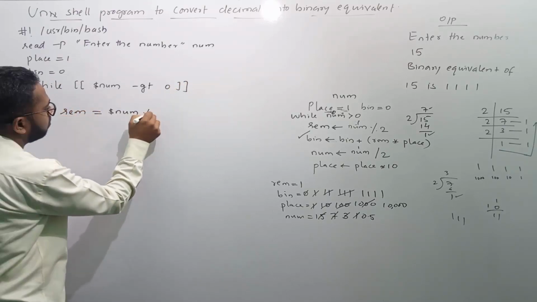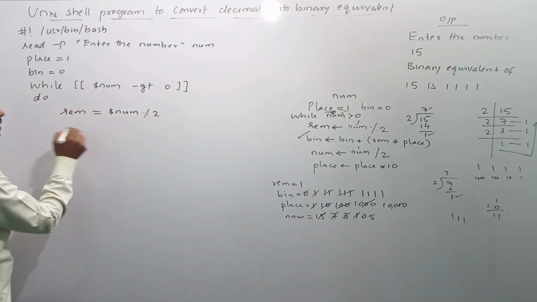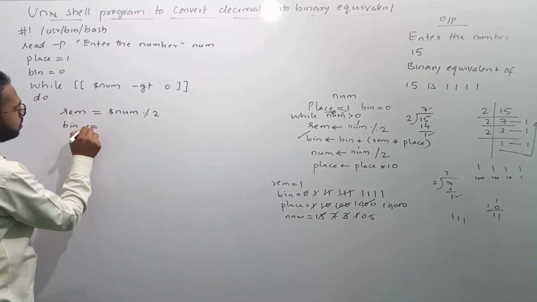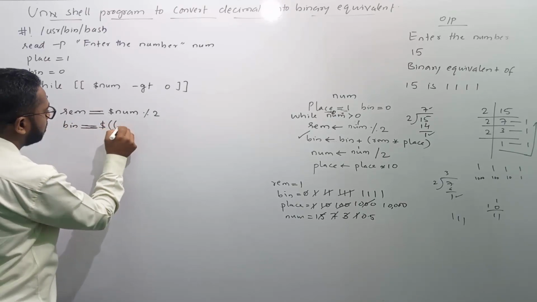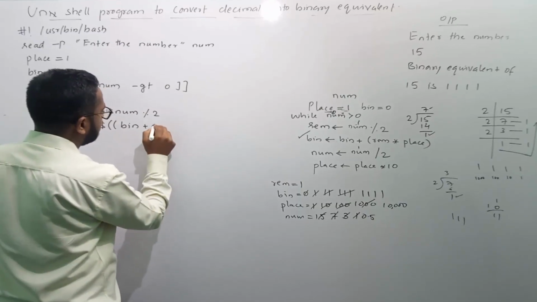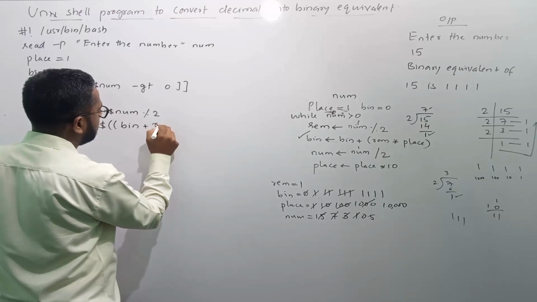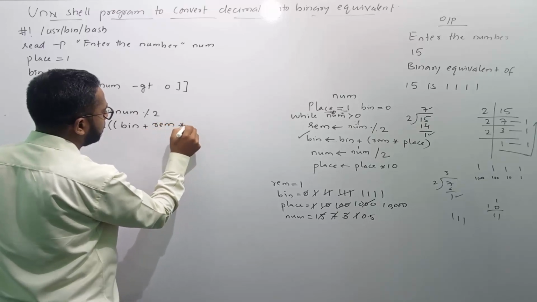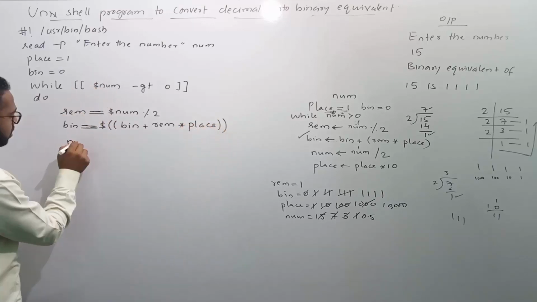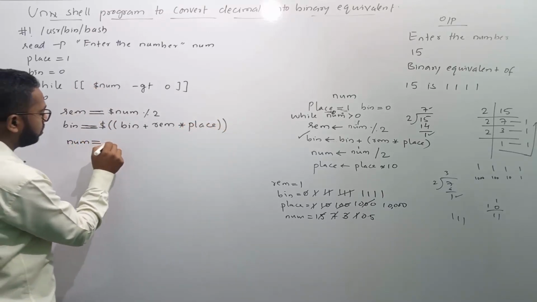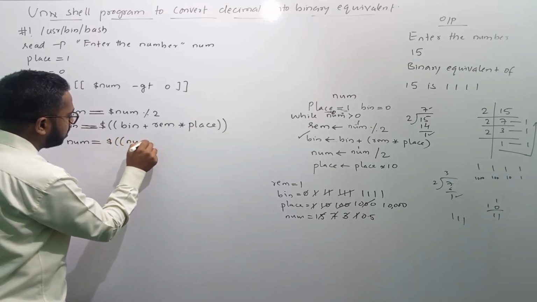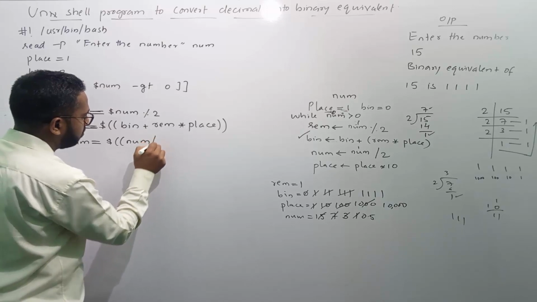Remainder is equal to num mod 2, then I need to find out the binary. Binary is equal to dollar binary plus remainder into place. Num is equal to dollar num by 2.